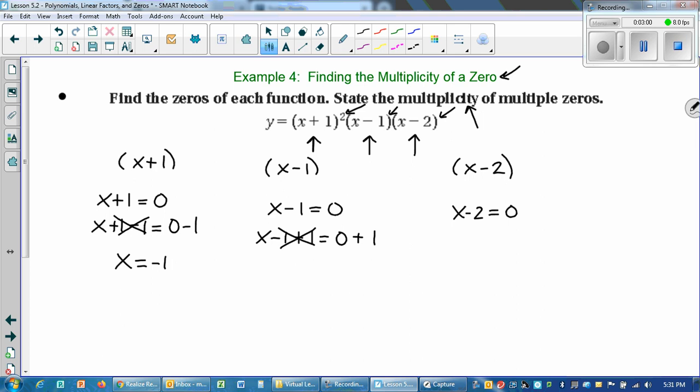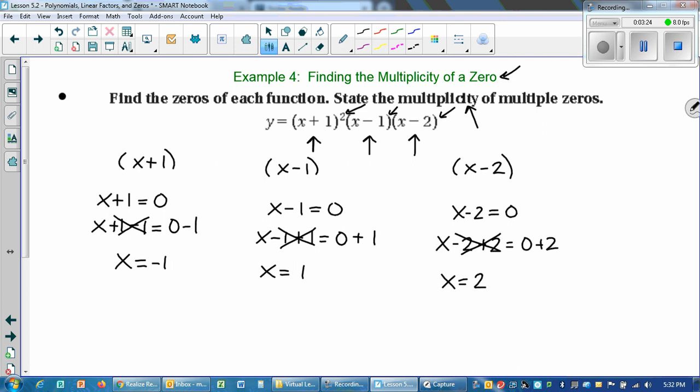Our minus 1 and plus 1 cross out, leaving me with x is equal to 1. We have x minus 2, opposite operation is plus 2, equals 0 plus 2. Minus 2 plus 2 cross out, leaving me with x is equal to 2. So now I have my 3 zeros, negative 1, 1, and 2.